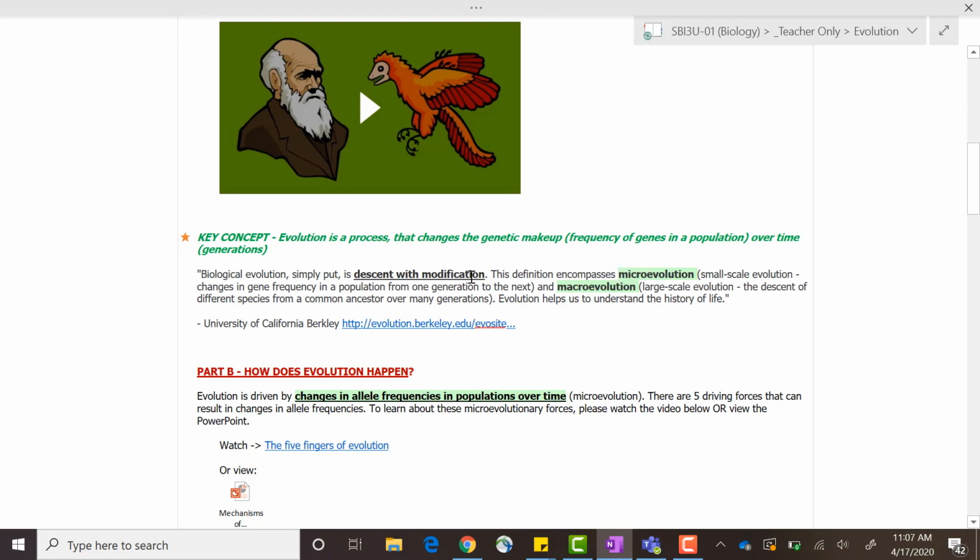It happens within the genes, within your allele frequencies. Macroevolution, large scale evolution, is looking at how species can become separated because of these changes and then result in speciation, or a new species being formed. So the first half of our evolution unit, we're going to look at microevolution, how allele frequencies can actually change over time, and then we'll get to macroevolution that looks at speciation and how new species are formed.